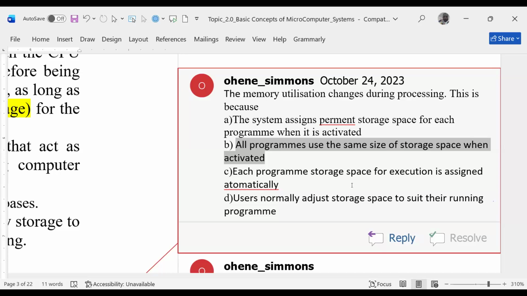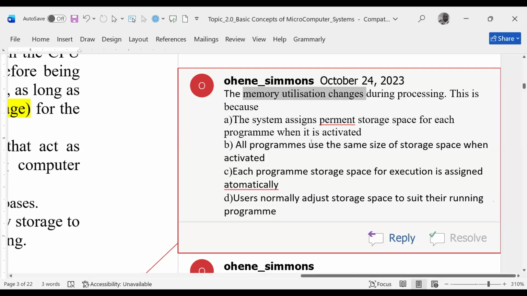When you switch on, it does it automatically. You cannot assign space to your machine, saying use this space for this program and this space for that program. It does it automatically. Do we all agree it's C? So memory utilization is automatic. Keep in mind that you will see some of this in your objective questions.